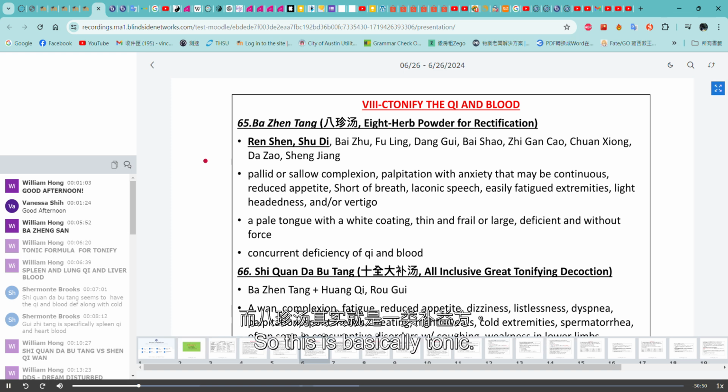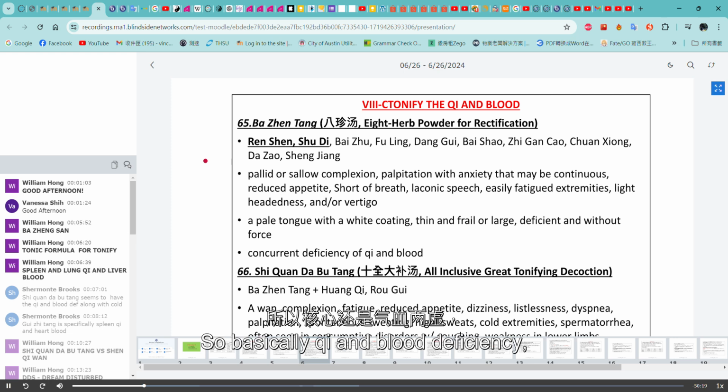So this is basically a tonic formula to tonify spleen and lung qi, and the liver blood deficiency, right?